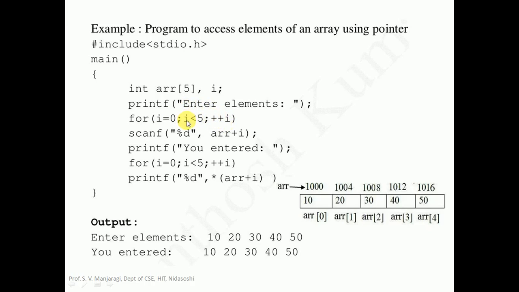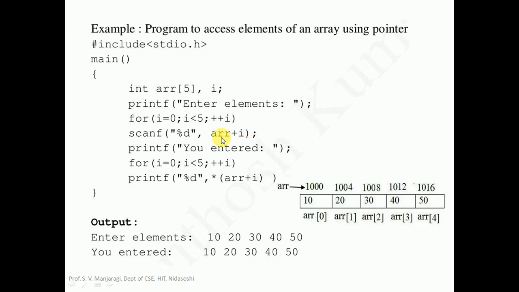Check the condition: 1 less than 5, true. Again the scanf is going to be executed a second time, and here it will read an integer value. Suppose you enter 20, let us see where it will be stored. It will be stored at array plus i. What is array? Array is 1000, plus i is 1, so it will be like 1000 plus 1. What value do we get here?